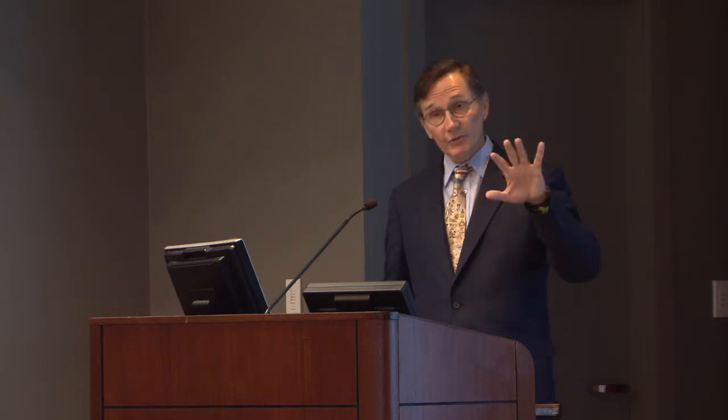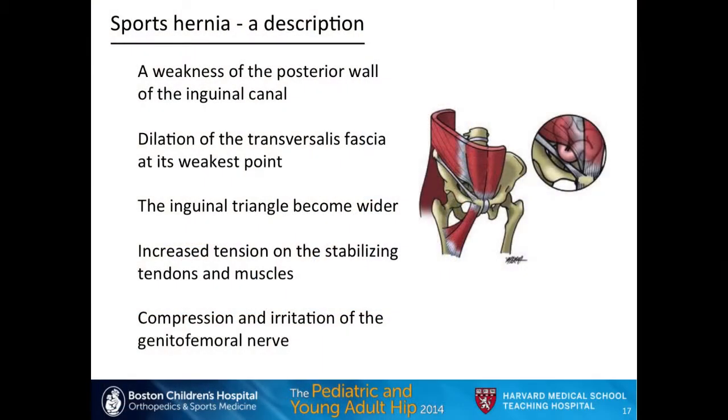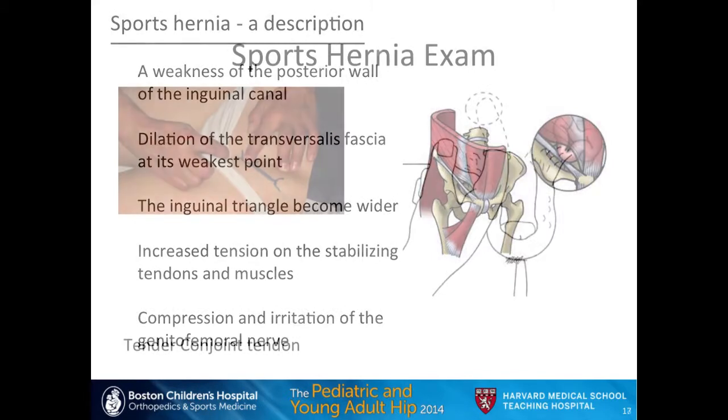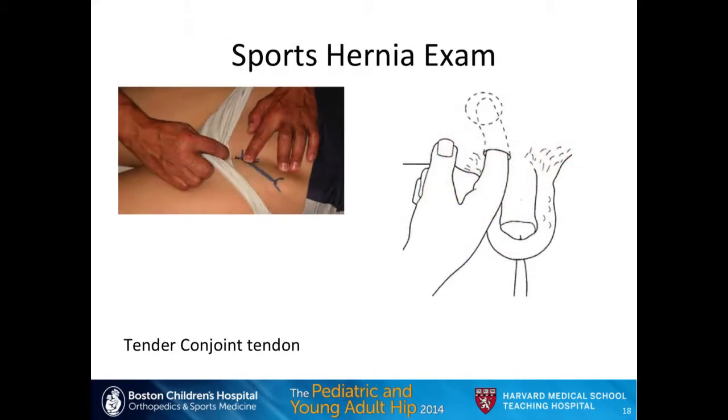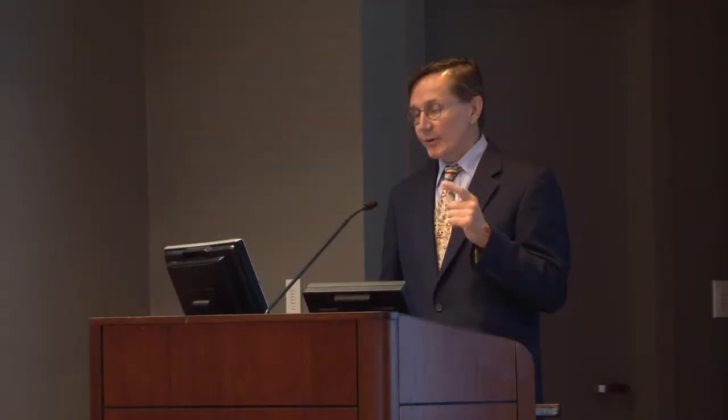There are even some centers in Germany that are doing nothing but ablating that genitofemoral nerve to treat the sports hernia. The sports hernia exam shows a lot of tenderness along that conjoint tendon, which is basically just above and at about a 10 degree more cephalad tilt from the inguinal ligament.